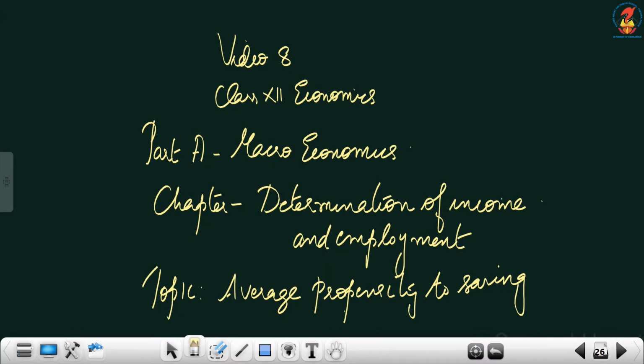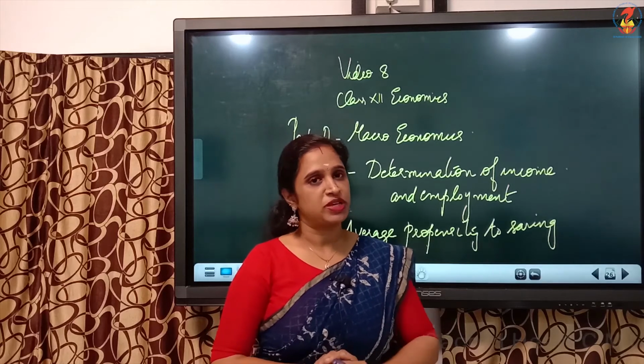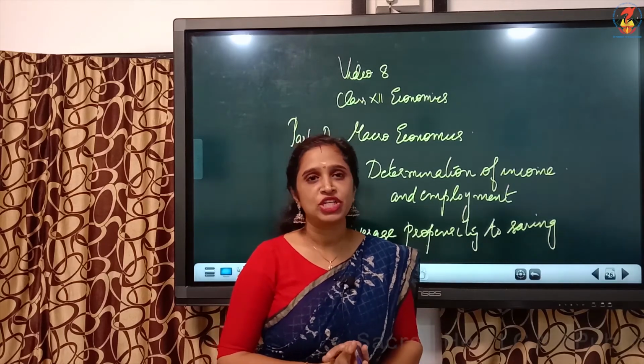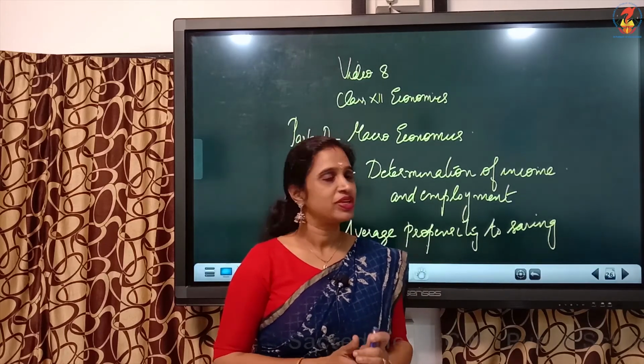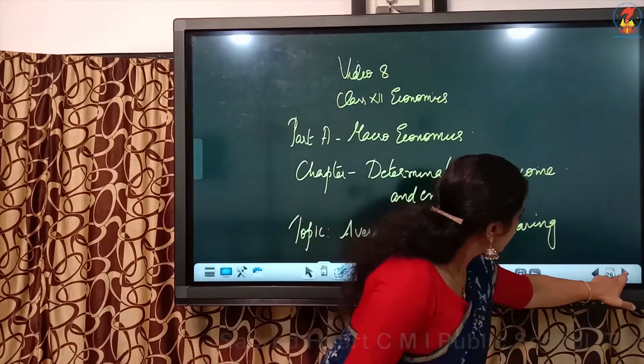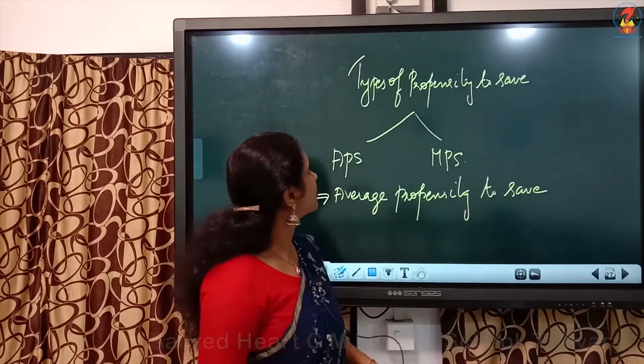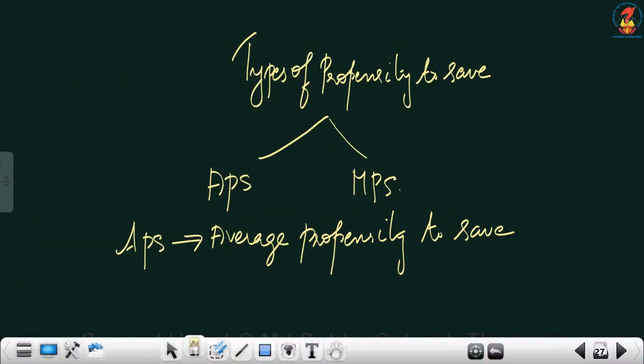Dear children, next we will move on to one among the aspects of saving, that is average propensity to save. Types of propensity to save: average propensity to save and marginal propensity to save.